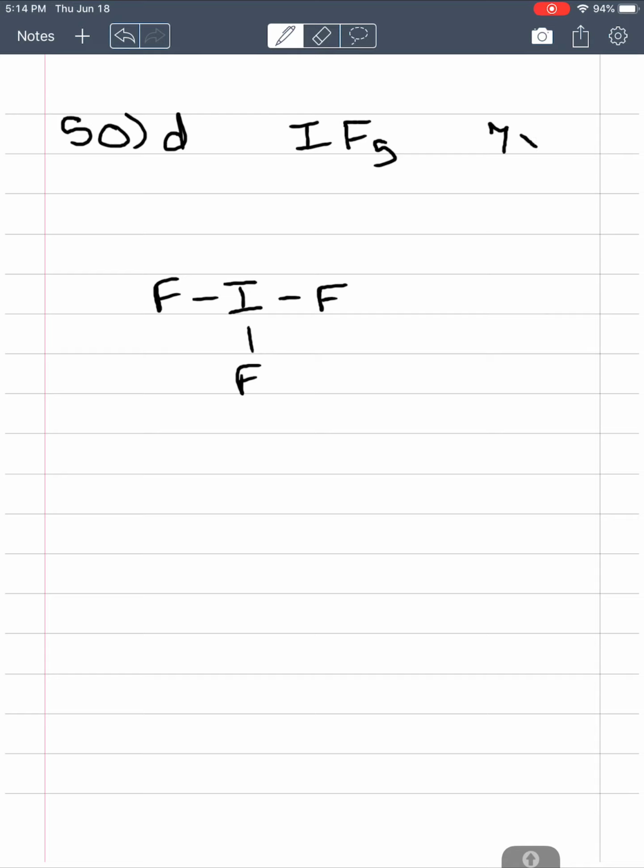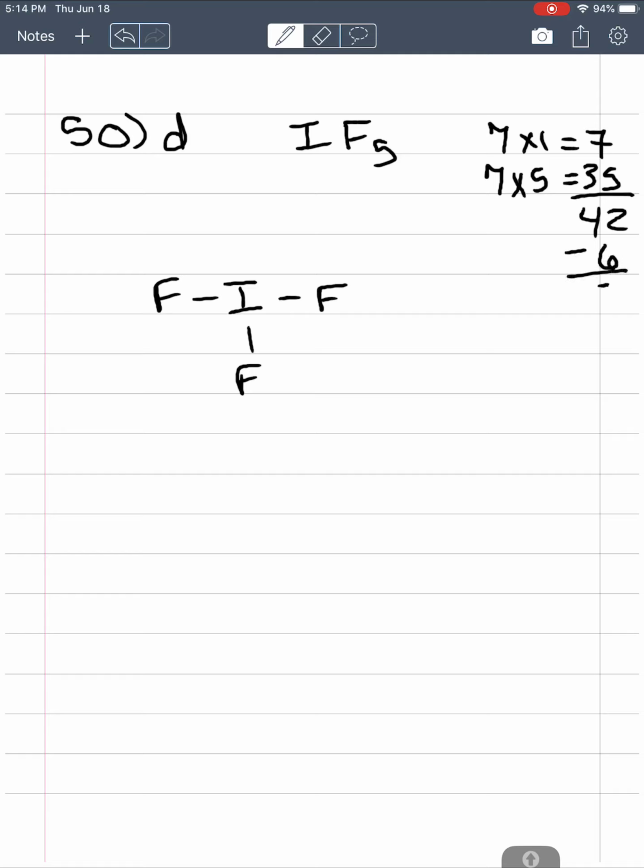So iodine is in group 7. We have 1 of those. Fluorine is also in group 7. We have 5 of those. 7 and 5 is 12. So we have 42 electrons.